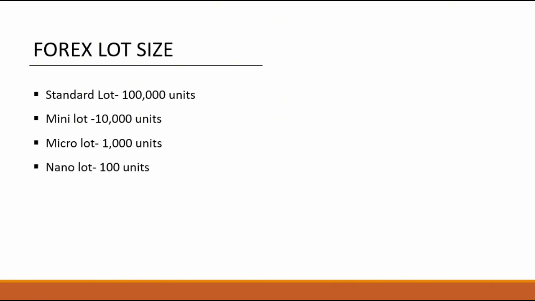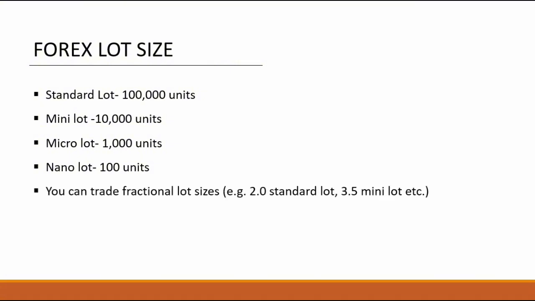We also have a nano lot, which is 100 units. You can also trade forex with fractional lot sizes. That is, you can trade 1.5 standard lots, 2.5 standard lots, 3.5 mini lots, 2.5 nano lots to micro lots, and so on.